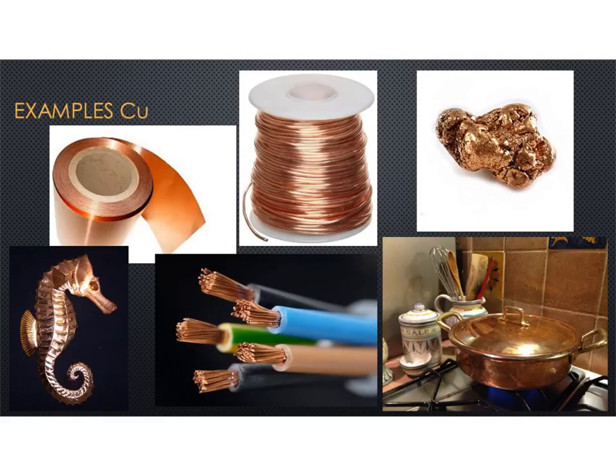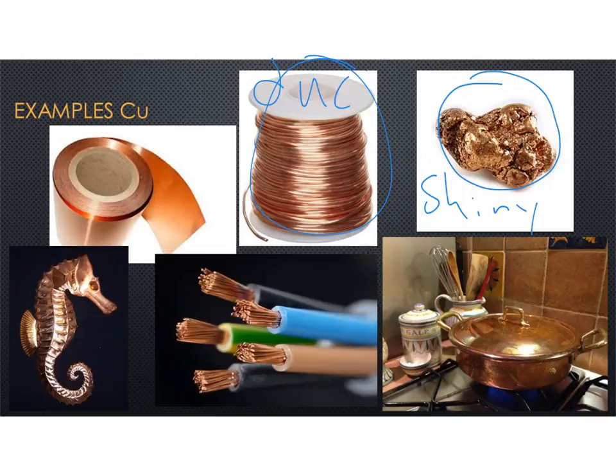And here I have a picture of copper, a common metal that we find. And here I'm showing you all the different properties of metals with one element, copper. Here is just regular old copper ore. You can see that it's shiny and it is solid at room temperature. Here I'm showing you that copper can be drawn out into wire. That's ductile.